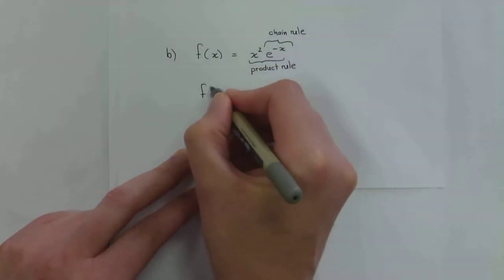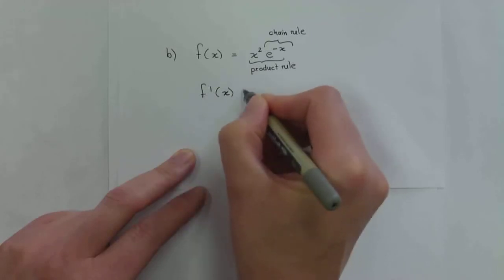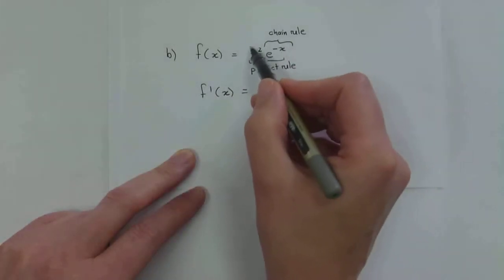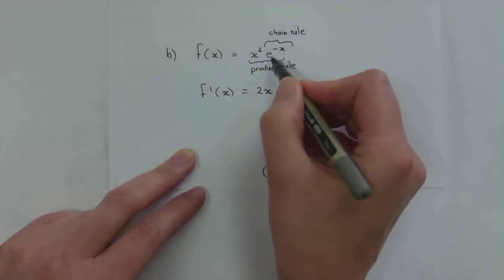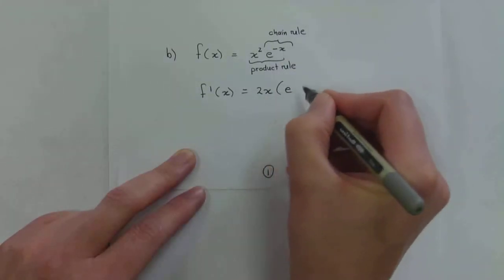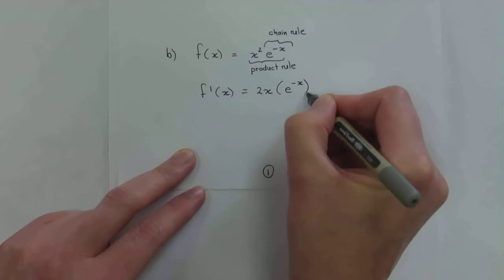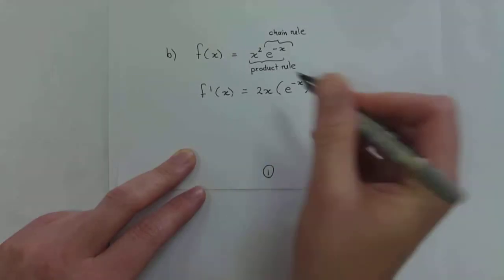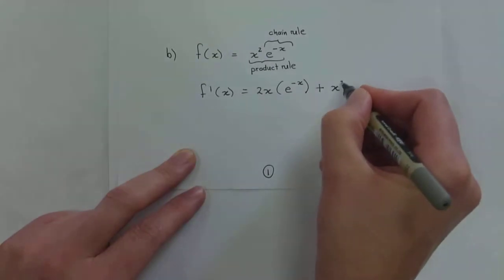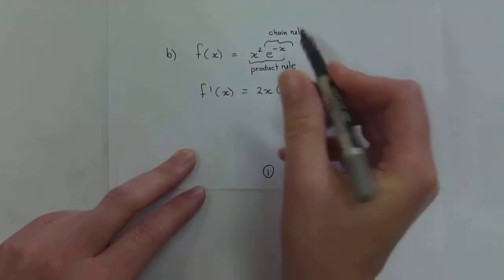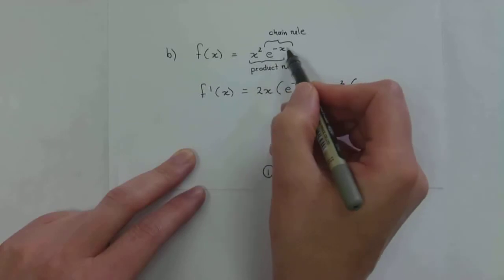So we find the derivative of f(x), and according to the product rule, it's first the derivative of x squared, which is 2x, times the second function. The second function just stays the way it is. I don't make any changes to that second function. Plus, now we keep that first function the same, no changes to the first function, but I'm now going to multiply it by the derivative of the second function.